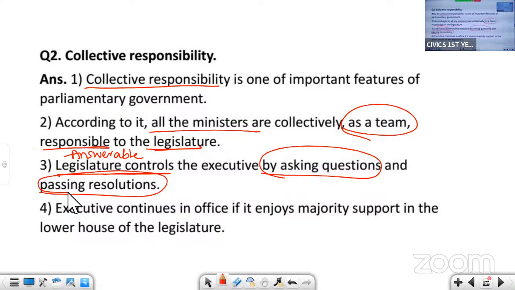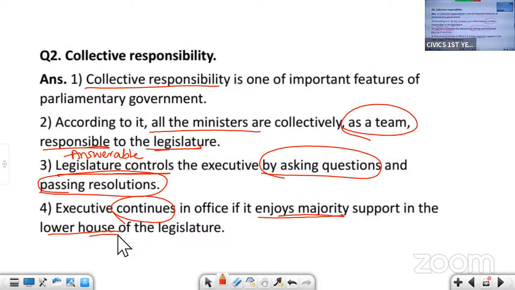By asking questions and passing resolutions. So the executives continue in the office till they enjoy the majority support in the lower house of the legislature.